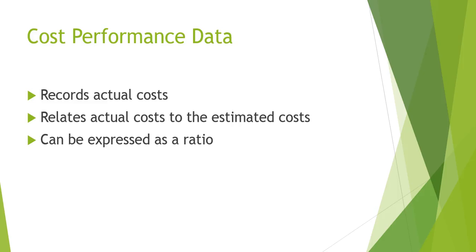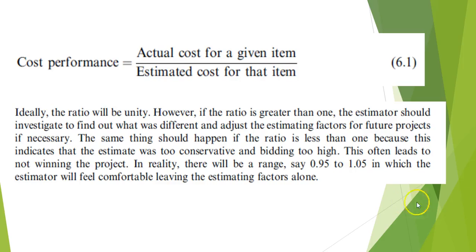We can express this as a ratio to help us determine how accurate we are. For example, if we have an actual cost, we're going to divide it by the estimated cost. It gives us a cost performance factor. Ideally, that factor would be 1. In other words, the actual cost would be the same as the estimated cost.